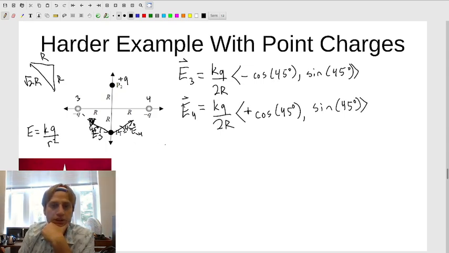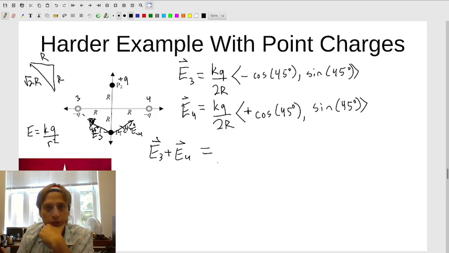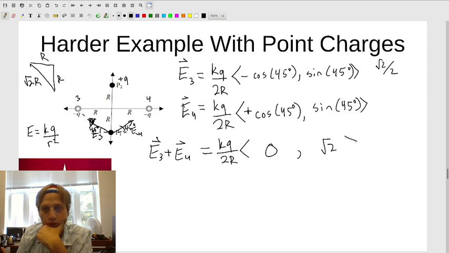Okay, so E3 plus E4 is equal to, and this is just going to be square root of 2 over 2. Well, this is going to be 0. This is going to be KQ over 2R. And this is going to be 0. And this is going to be 2 times square root of 2 over 2. So that's going to be just root 2 there.